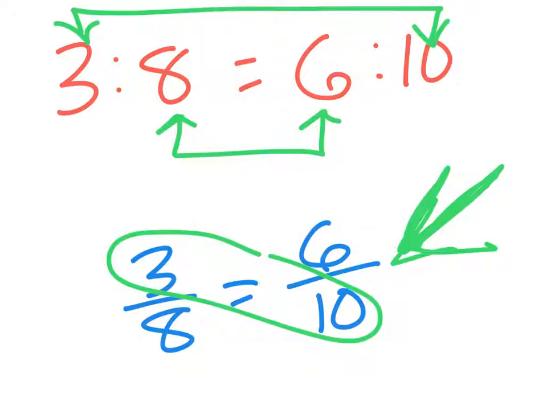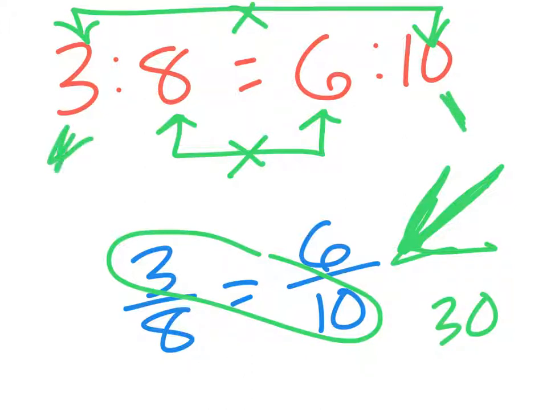And again, it does not matter which side or which one you multiply first, as long as you're grouping together the two inside numbers and multiplying them, and grouping together the two outside numbers and multiplying them. It's the same thing either way. So if we multiply 3 times 10, we know that produces the answer of 30, and that's the outside numbers, when we're doing the means and extremes.